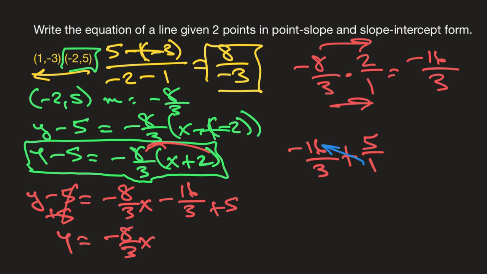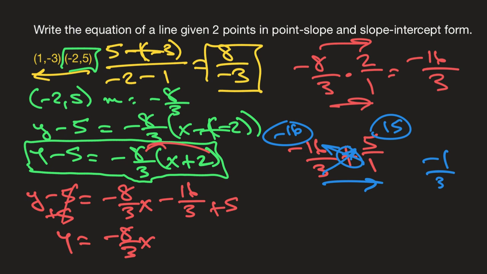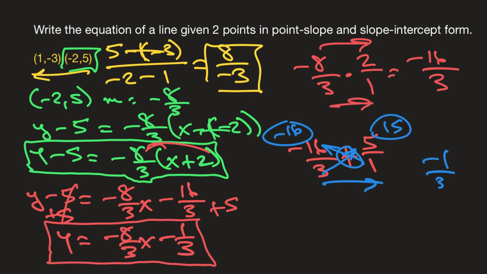I'm going to go 1 times -16, 3 times 5, and 3 times 1 is 3. -16 plus 15 is -1. -1/3. And there is my slope intercept form.